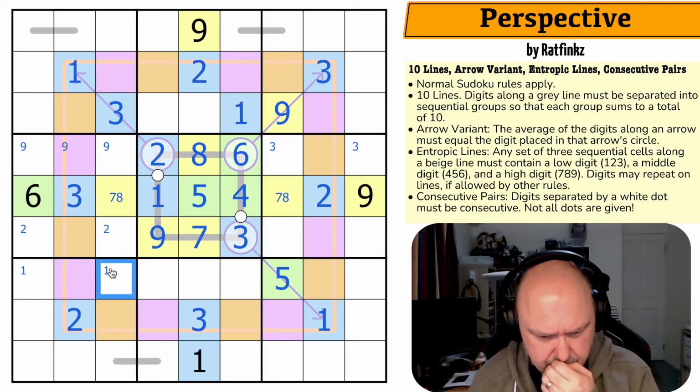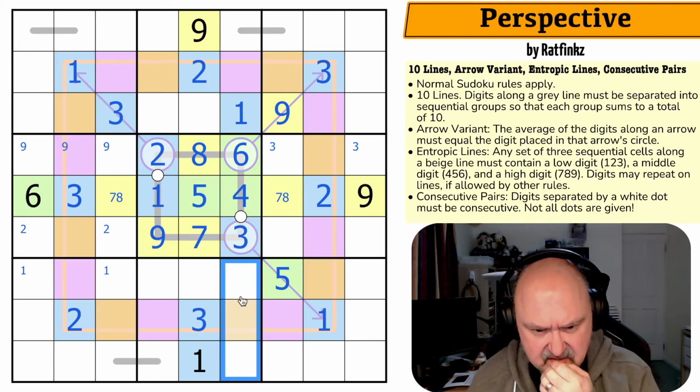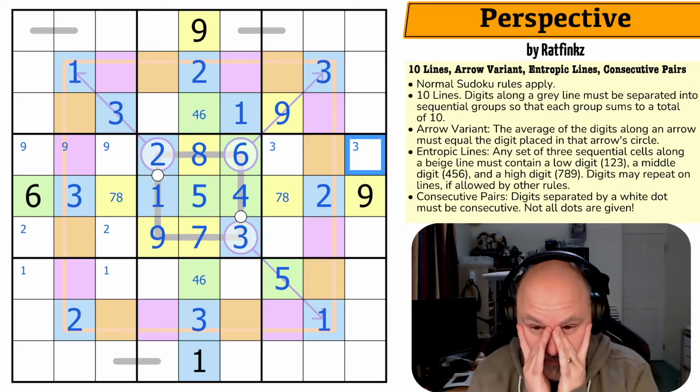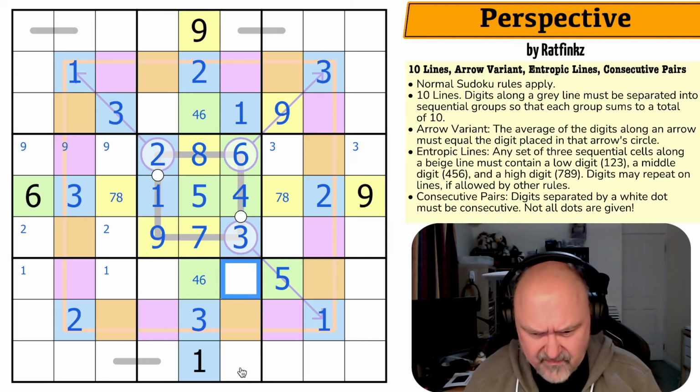Yep. Six. No, this is a pair. 1, 2, 3, 4, and 6, which means they're both mid. I'm not liking this colouring, but I'm not seeing what else I can do. 9 is in one of these two.